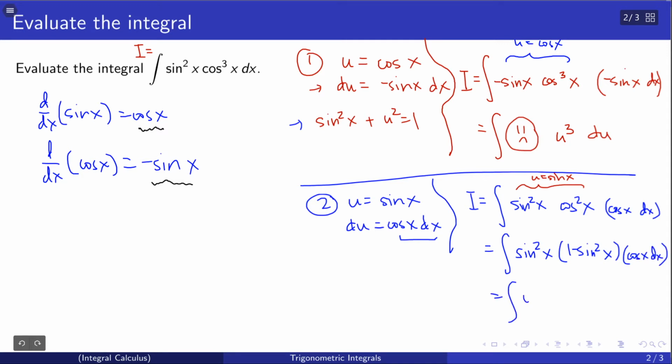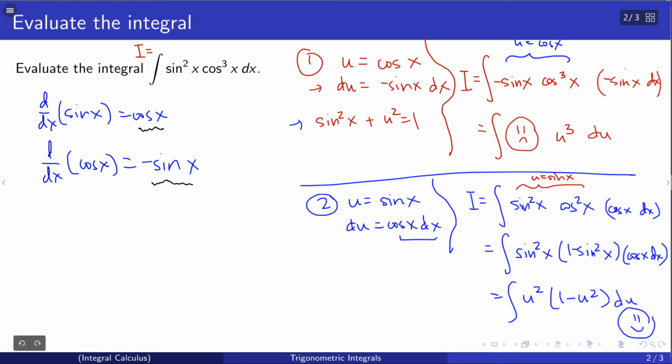And therefore, now we can make my substitution, u equals sine x, to get u squared times 1 minus u squared du. And this is now a really easy integral to evaluate. Right? That's just a polynomial in u. And so you integrate and then you substitute your sine x back and you get your family of antiderivatives.